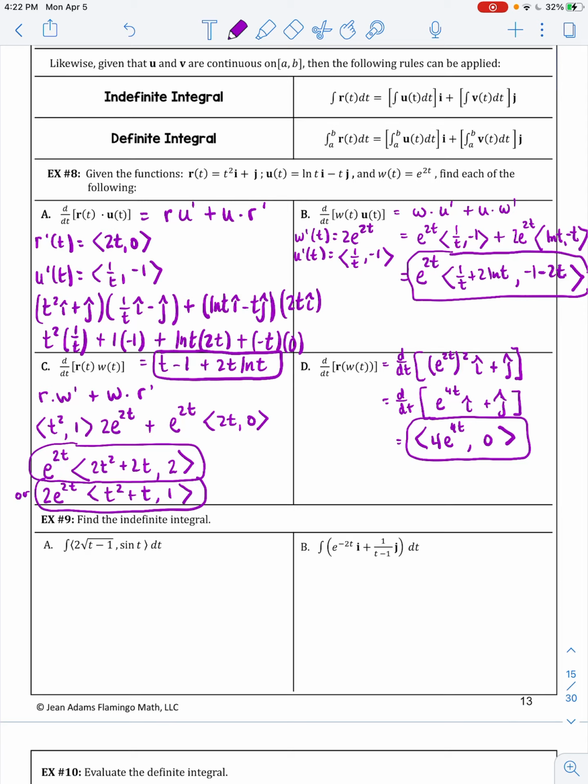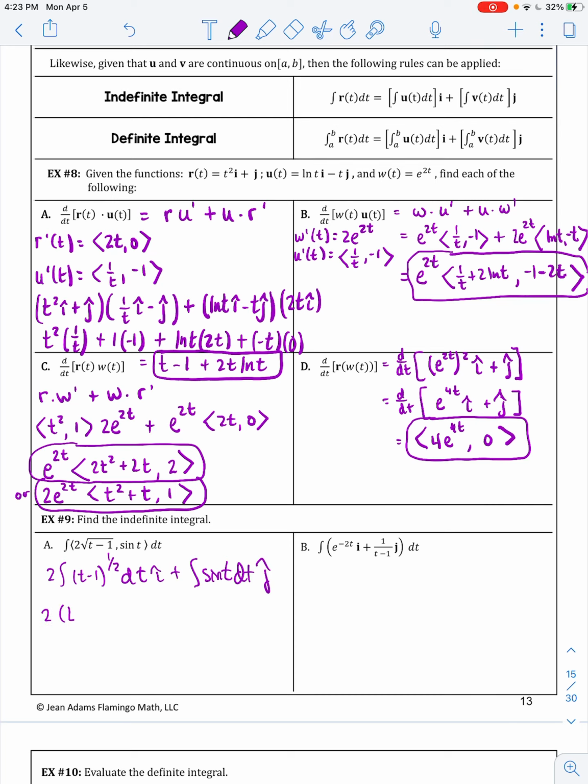Example number 9. Find the indefinite integral. I probably would write this as 2 times the integral of t minus 1 to the 1/2 dt times i plus the integral of sine t dt times j.